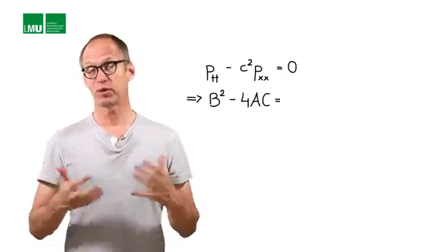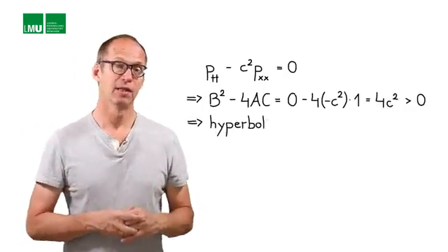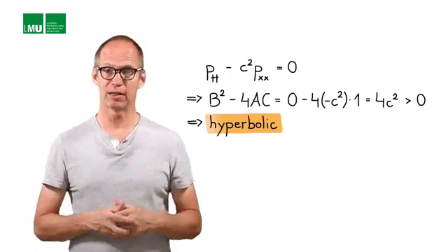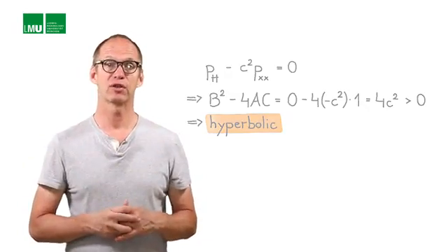So it was simple. By calculating the b squared minus 4ac term, you can actually simply categorize a specific partial differential equation. It turns out that our equation, our wave equation, is of hyperbolic form. And actually, there are many, many physical phenomena that are based on hyperbolic partial differential equations.